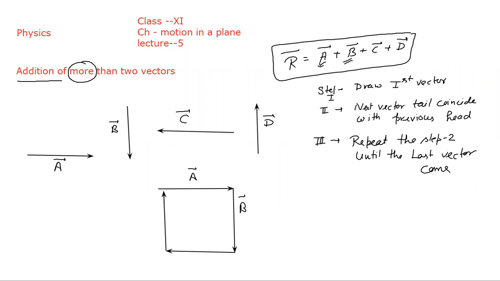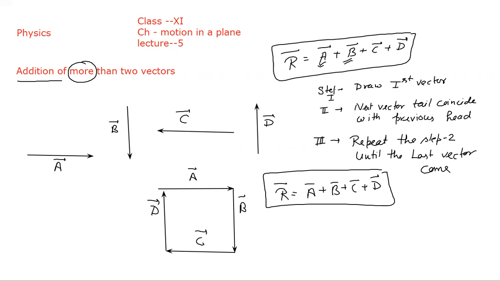So this is the final direction of A, B, C and D. So R vector equals A vector plus B vector plus C plus D. Okay, so addition is clear in this case.